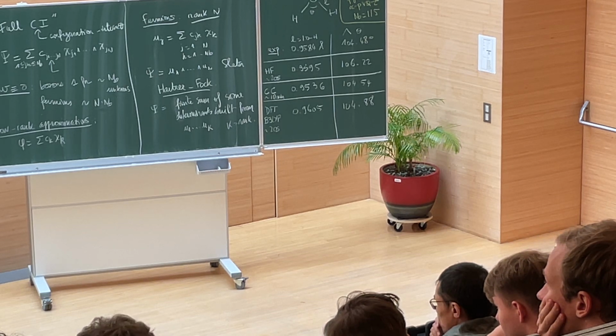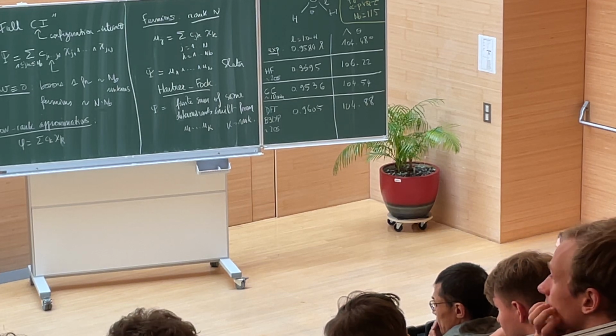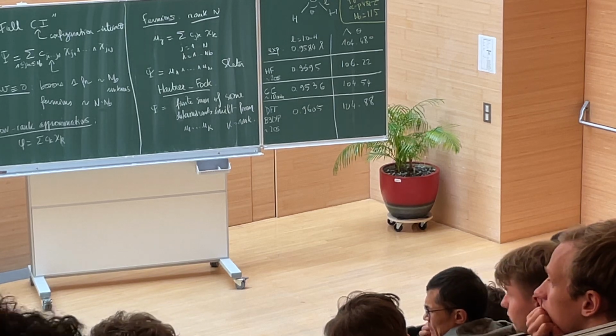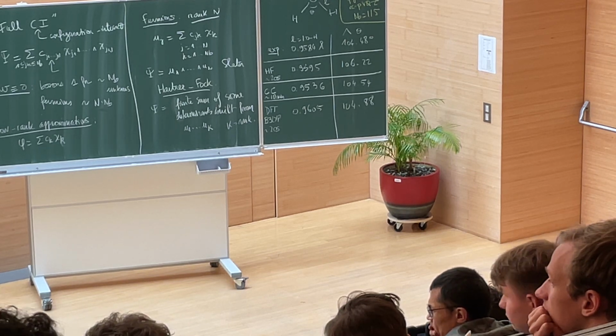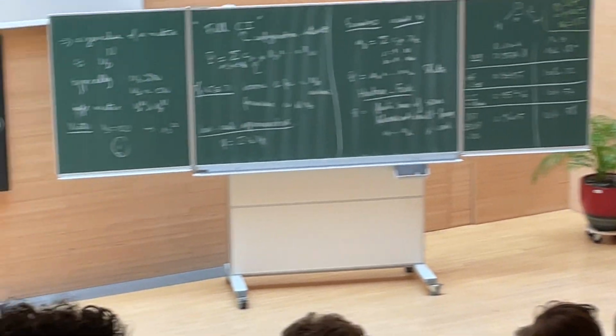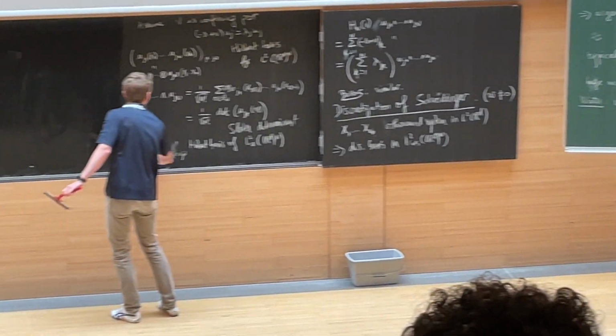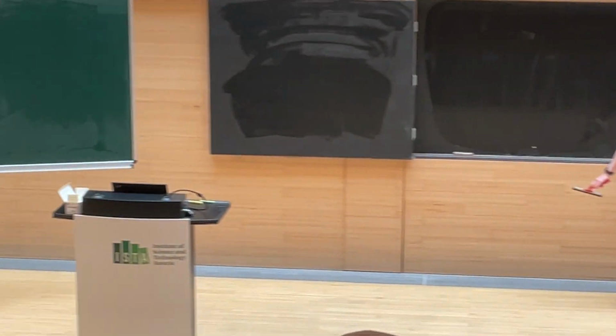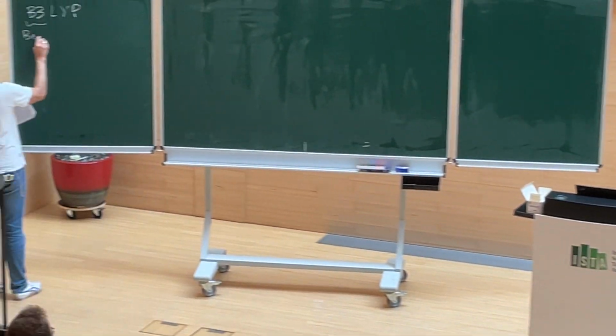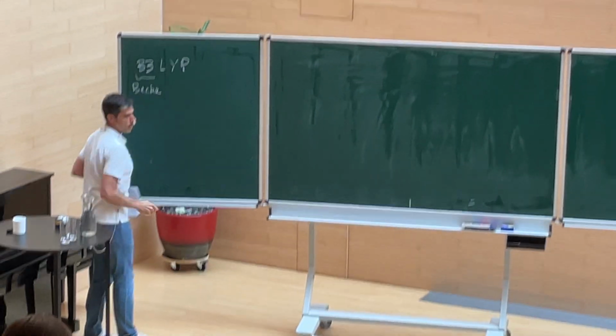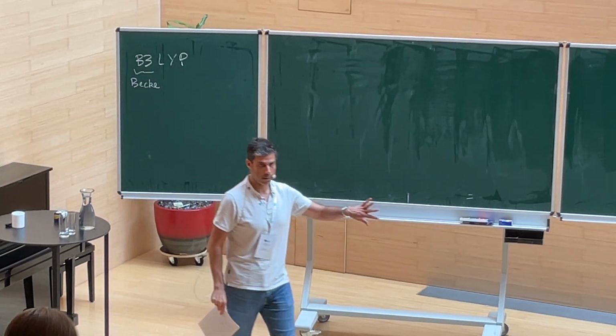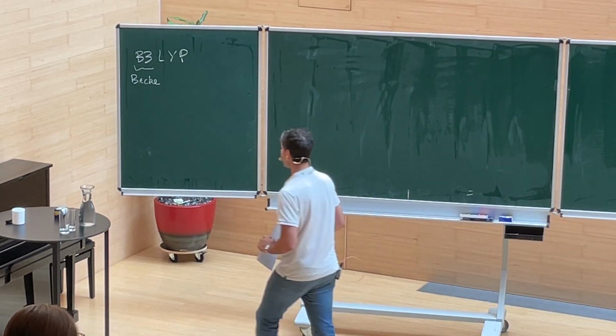So to give you a little hint about this revolution, I mentioned the functional B3LYP. That's one functional very famous in DFT. It's the one that's used the most by chemists. The acronym is: the B is Becke. The 3 is because it's based on a functional that has 3 parameters.